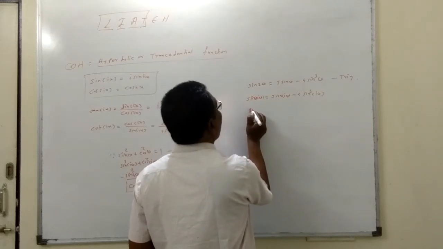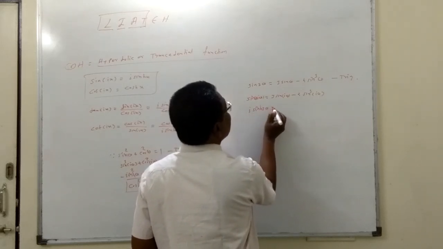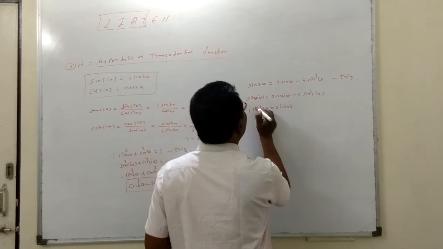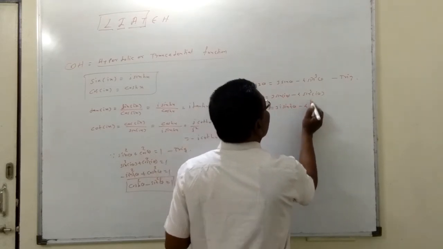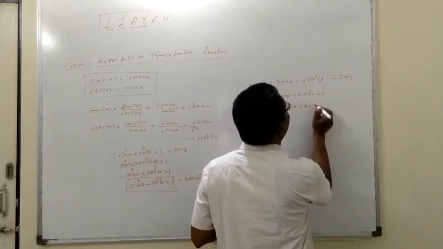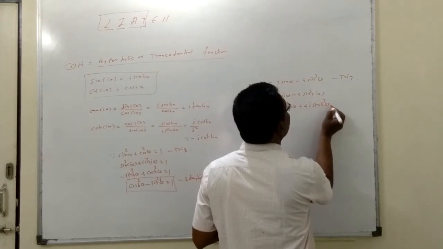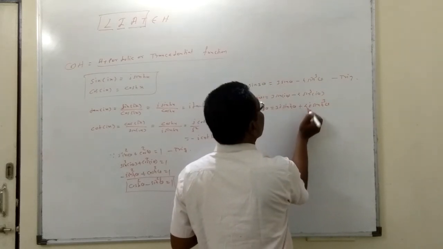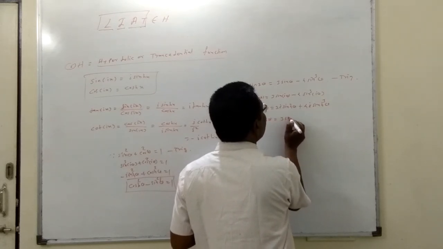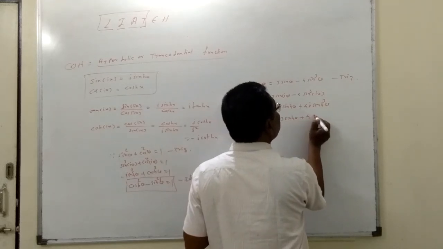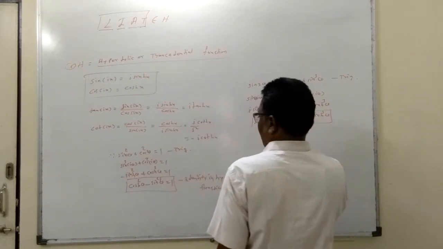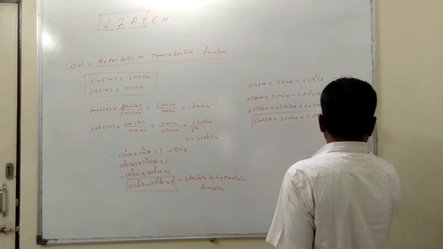Sin is i sinh, so i sinh 3 theta is equal to 3i sinh theta minus 4, and since i cube is minus i, minus minus gives plus 4i sinh cube theta. Now i gets cancelled throughout, and we get the formula for sinh 3 theta as 3 sinh theta plus 4 sinh cube theta. So this is for the hyperbolic function.